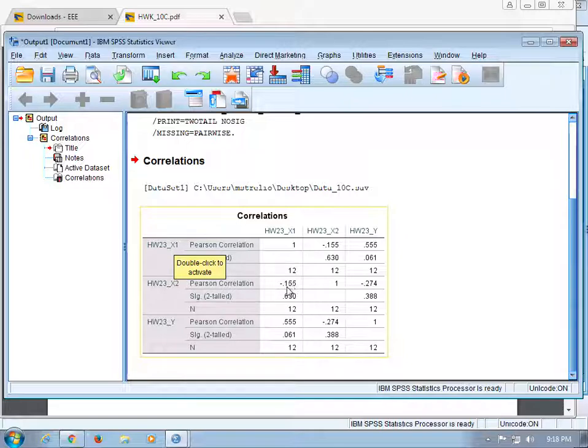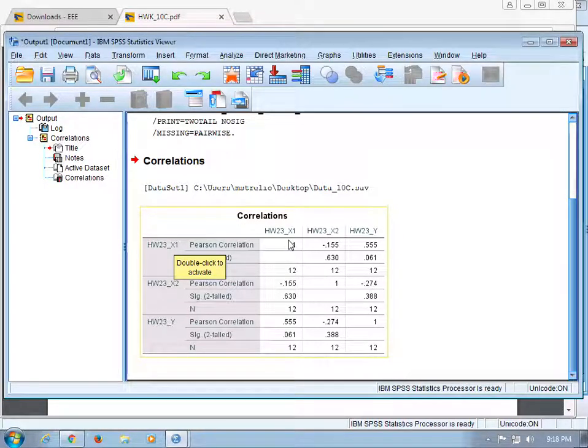And likewise, this negative 0.155 is the correlation between x2 and x1. This is the correlation between x2 and itself, and this is the correlation between x2 and y. And then for y, we have the correlation between y and x1, between y and x2, and between y and itself.